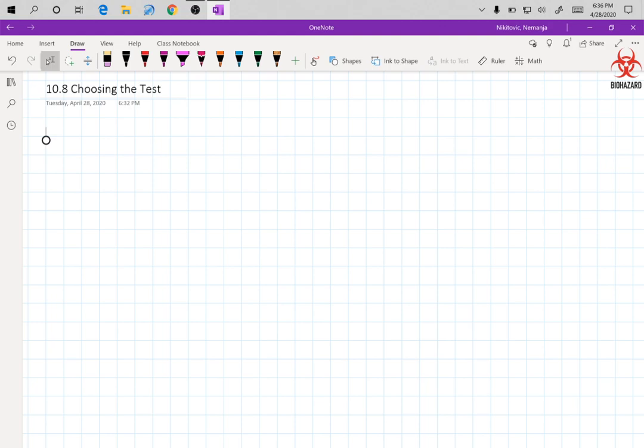But mostly, you get to pick one test that works. So now, in this section, I would like to talk about the correct way of choosing the test.